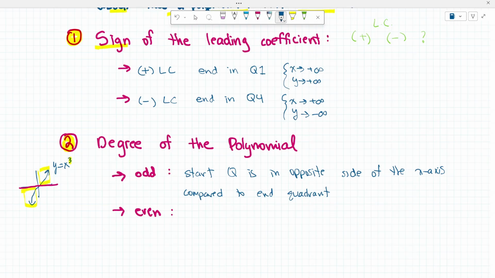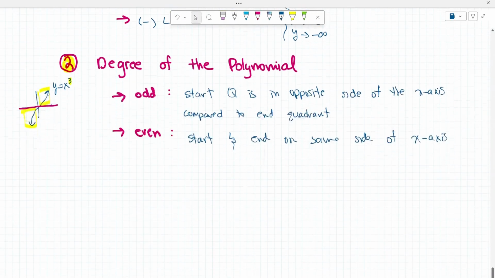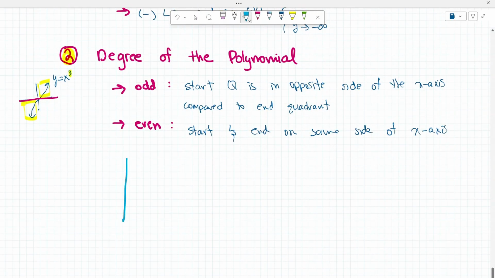Even polynomials will start and end on the same side of the x-axis. So if we were to look at this one, for example, we have y equals x squared. We can see that it stays on that same side of the x-axis, starts and ends the same side.